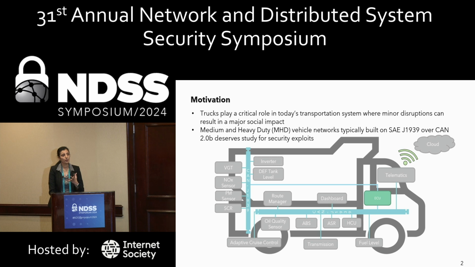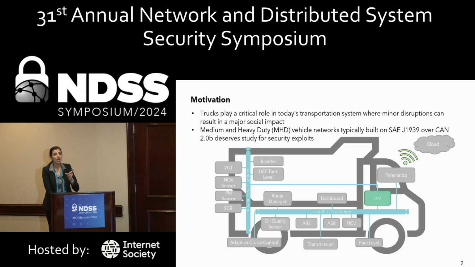Trucks play a crucial role in the transportation system, so any small security events can lead to a major social impact. In medium and heavy duty trucks, the vehicular networks are primarily based on SAE J1939 networks.